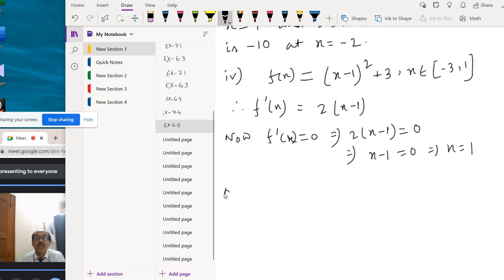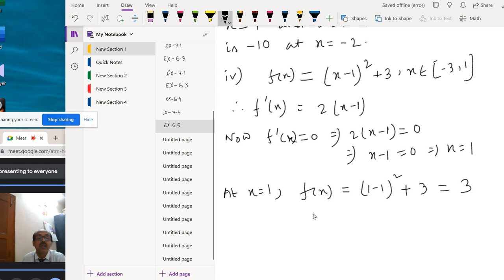So at x equal to 1, f(x) equal to (1 minus 1) whole square plus 3, 1 minus 1 is 0, so equal to 3.